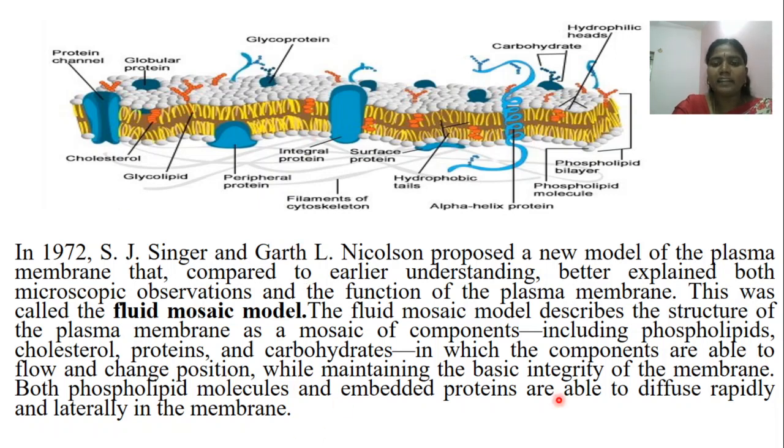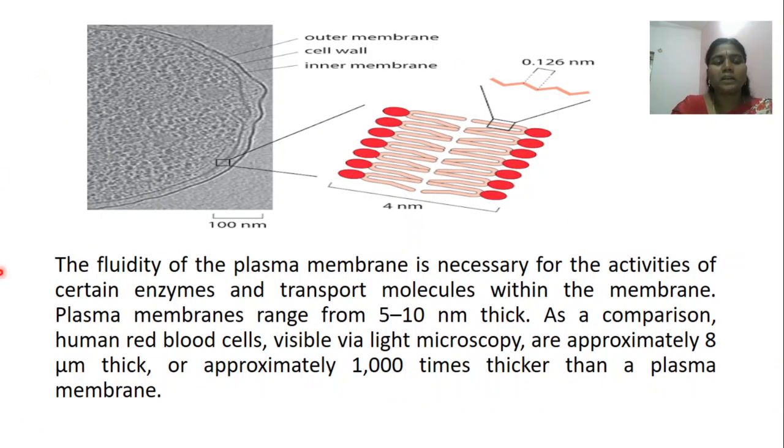While maintaining the basic integrity of the membrane, both phospholipid molecules and embedded proteins are able to diffuse rapidly and laterally inside the membrane. The fluidity of the plasma membrane is necessary for the activities of certain enzymes and transport molecules.